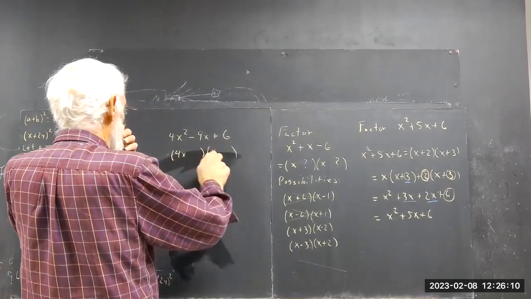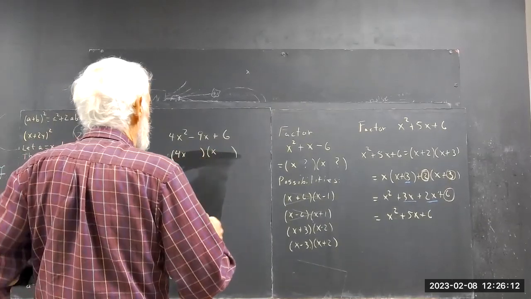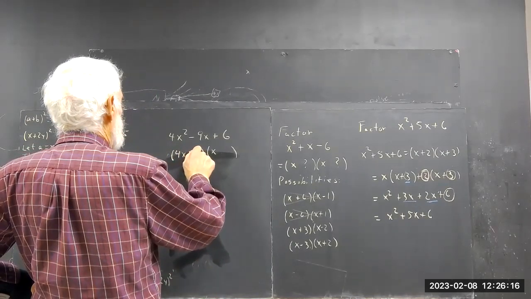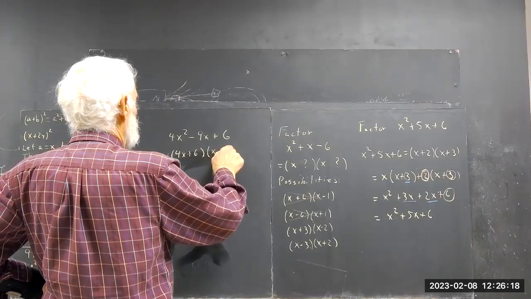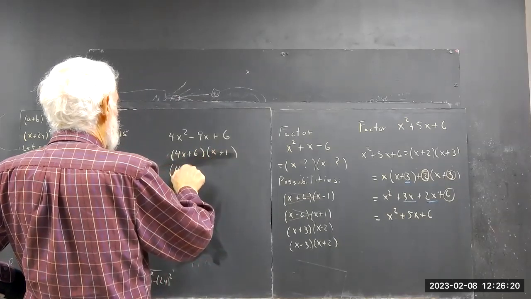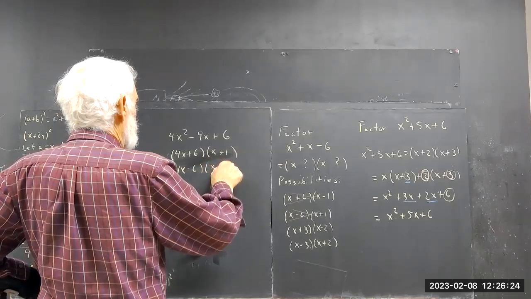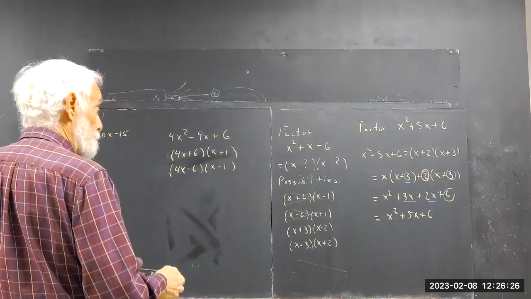So we could do a 4x and an x. What are our possibilities? We could do +6 and +1, -6 and -1.